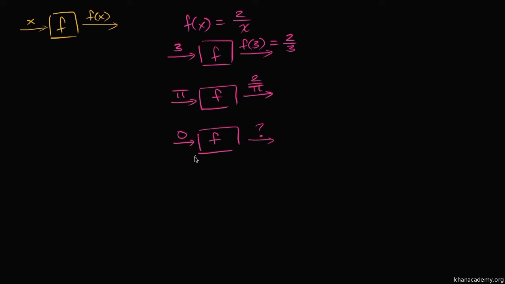So this gets to the essence of what domain is. Domain is the set of all inputs over which the function is defined. So the domain of this function f would be all real numbers except for x equals 0. So let me write down these big ideas.